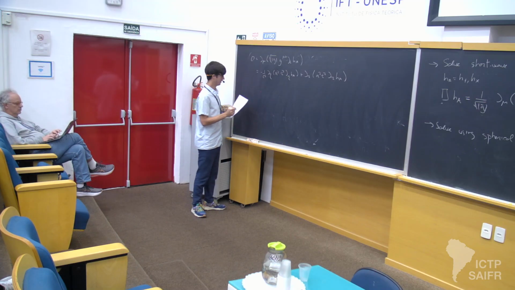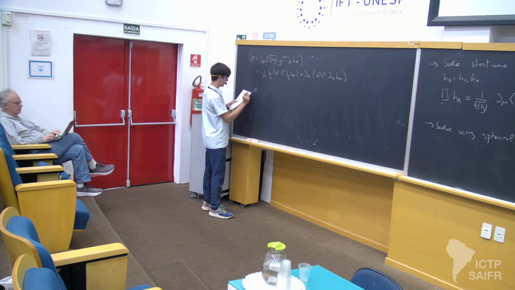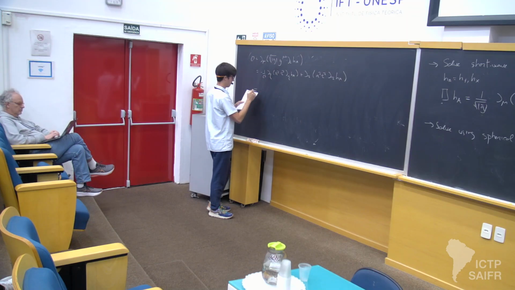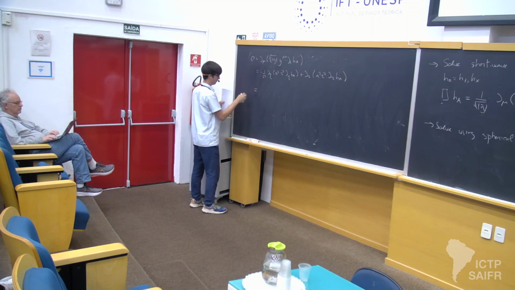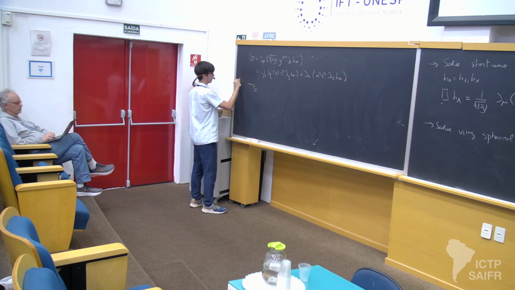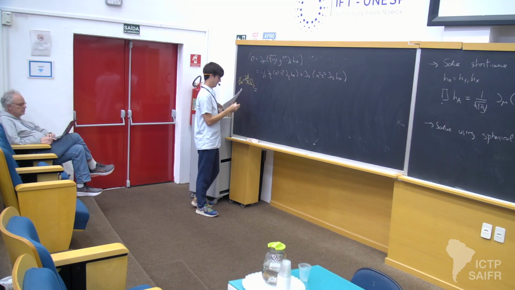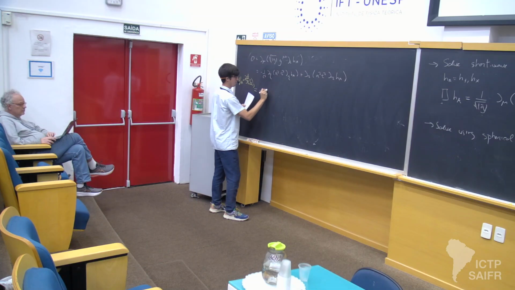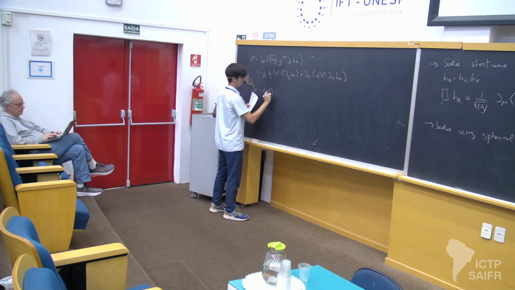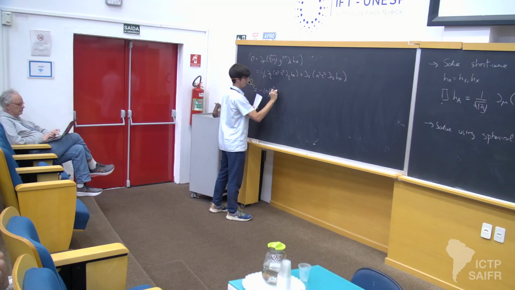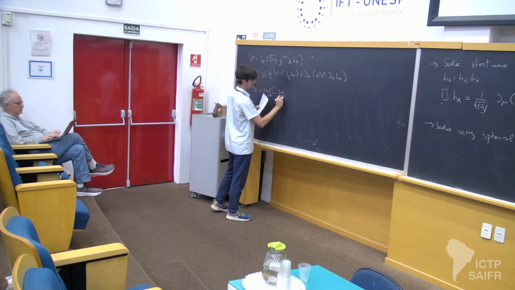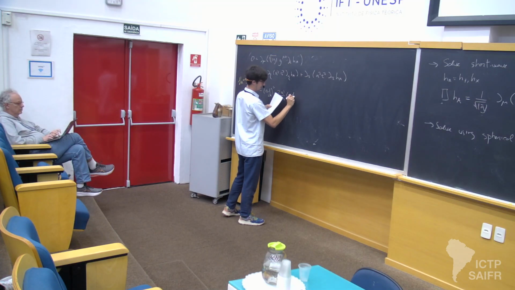So if we include now the definition of our spherical wave, we are going to define f prime as the derivative of f with respect to c times the conformal time. If we do that, then you get this f double prime minus 2a prime divided by a f prime.